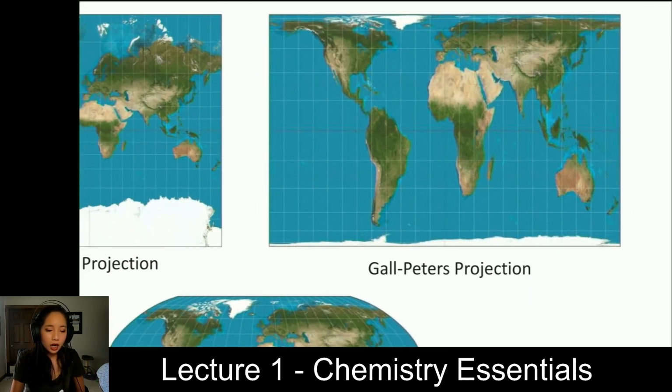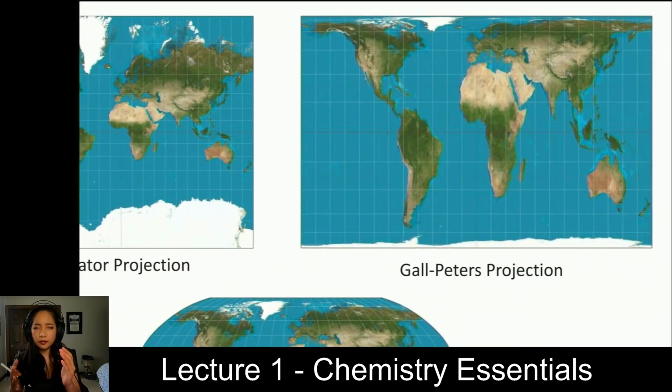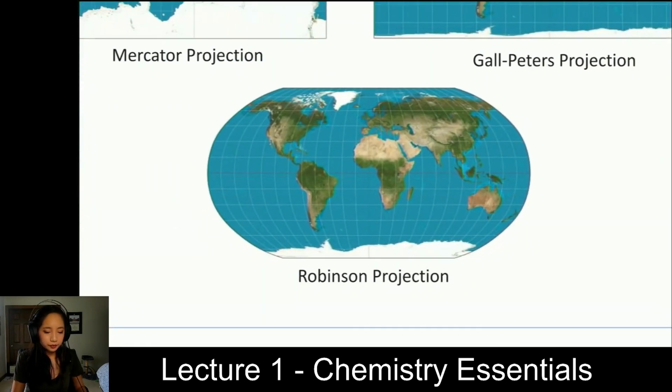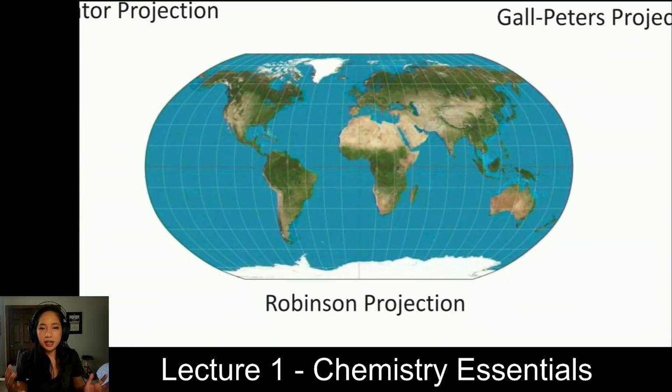And so to combat that problem of the distortion, the final projection, which takes the pros of both projections, is the Robinson projection, where the land masses are in fact more accurate to the globe. So here you see Greenland is in fact a lot smaller than Africa.